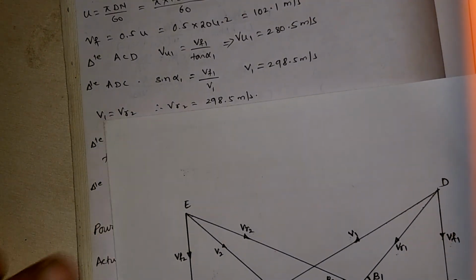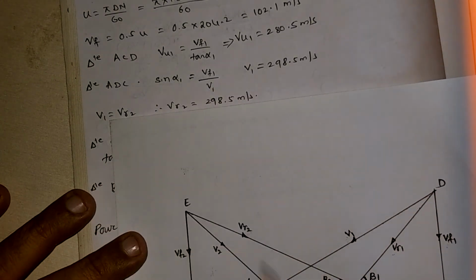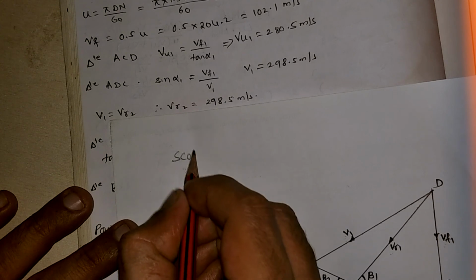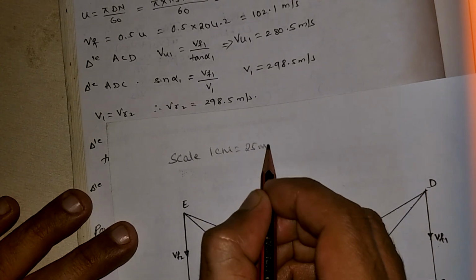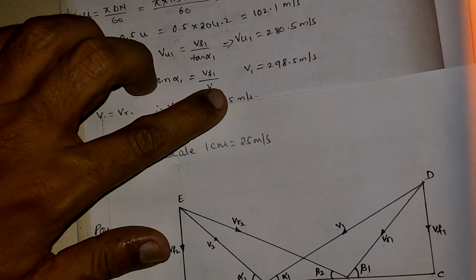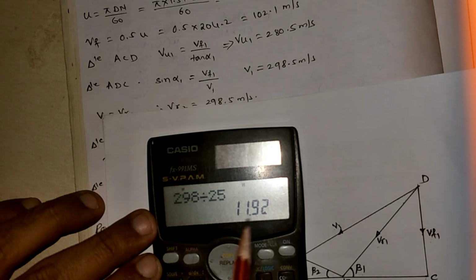So here you can choose the scale of 1 centimeter is equal to 25 meters per second, and for V1 we are getting somewhere around 11.92 centimeters.